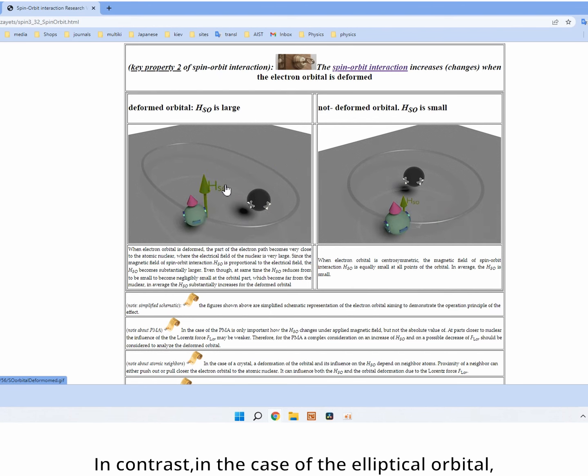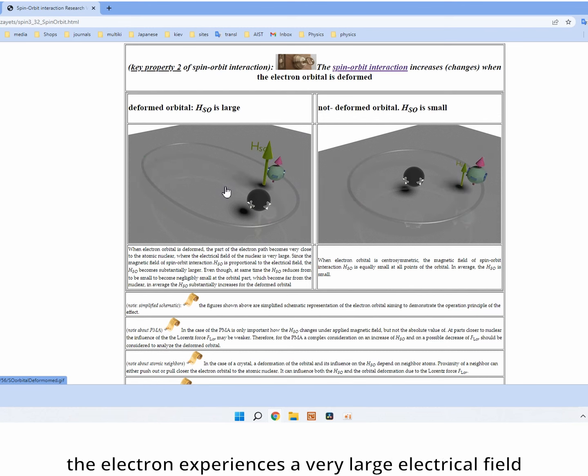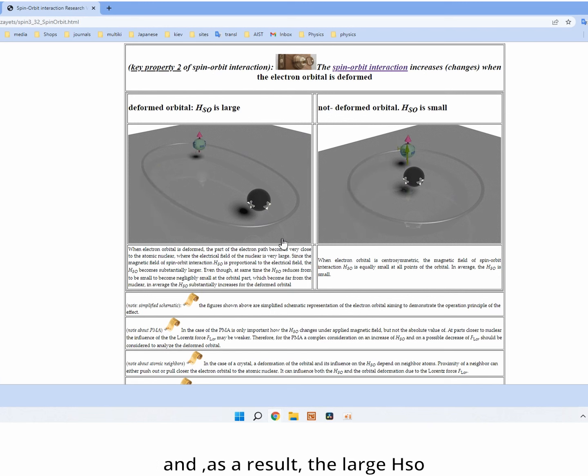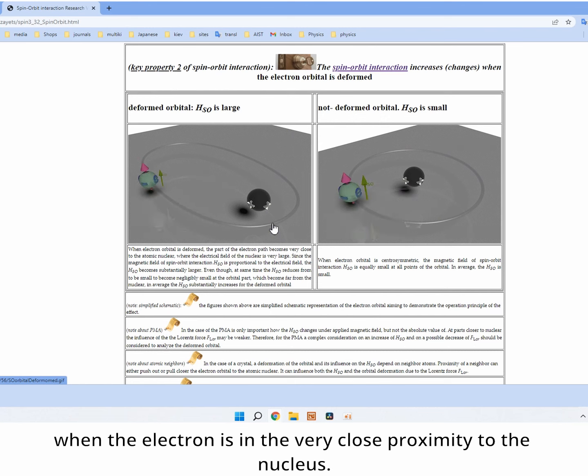In contrast, in the case of an elliptical orbital, the electron experiences a very large electrical field and, as a result, a large HSO when the electron is in very close proximity to the nucleus here.